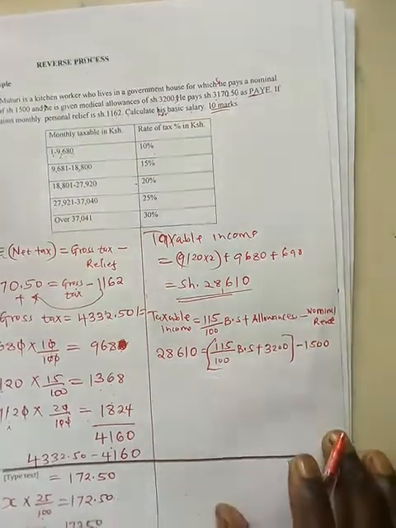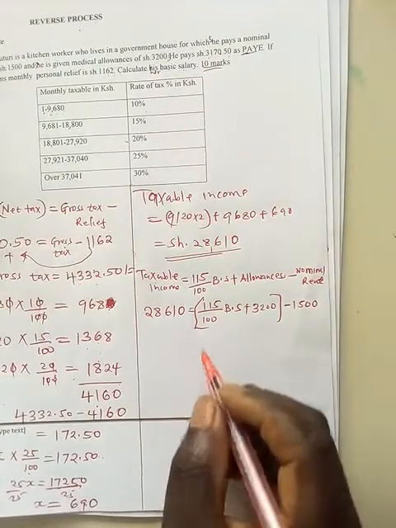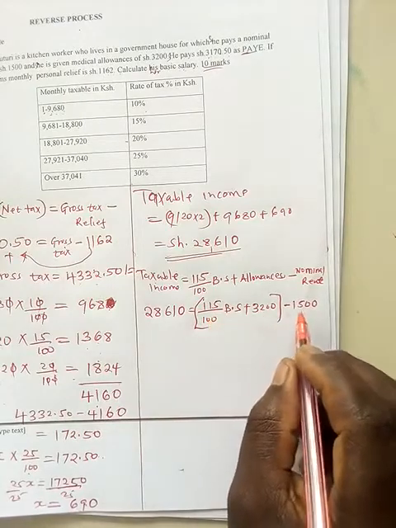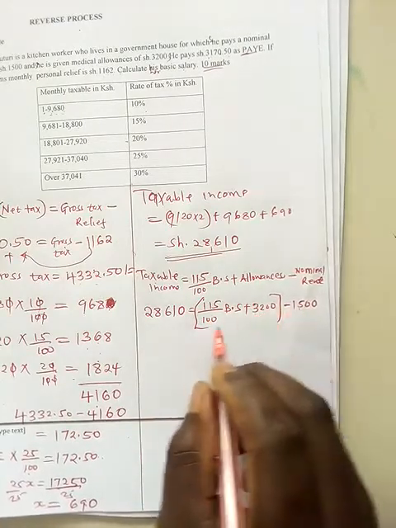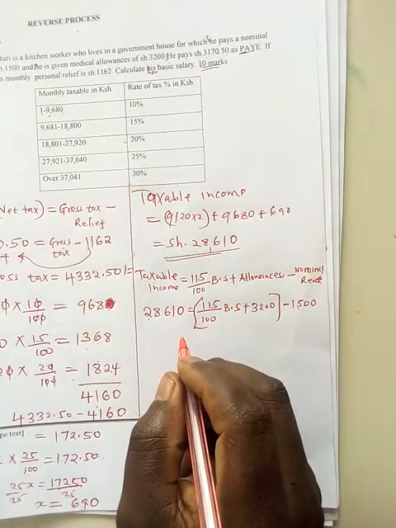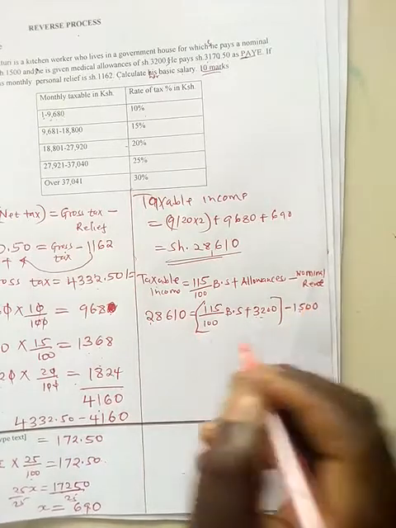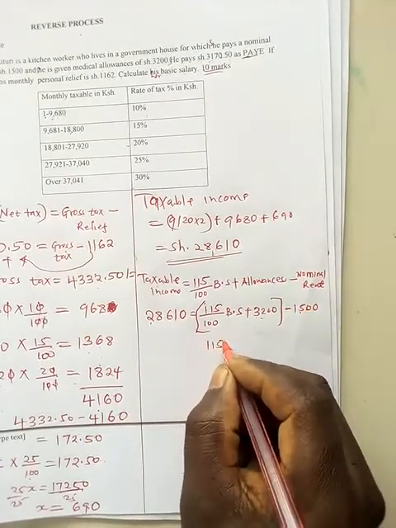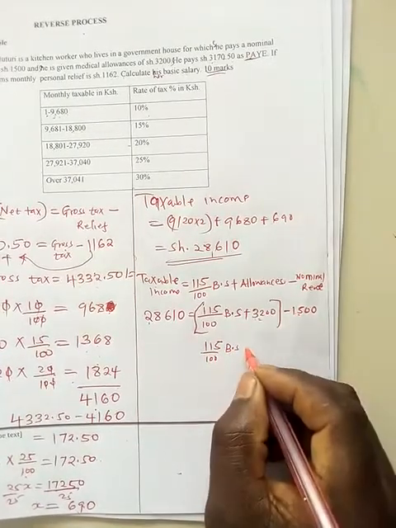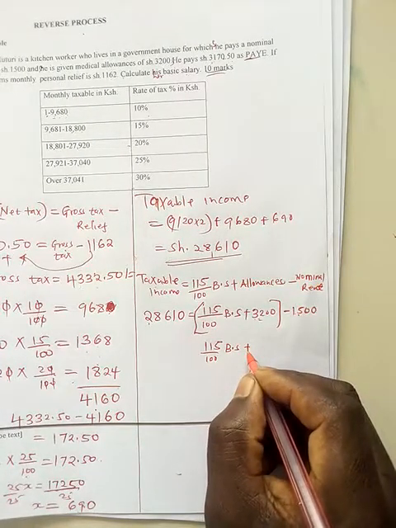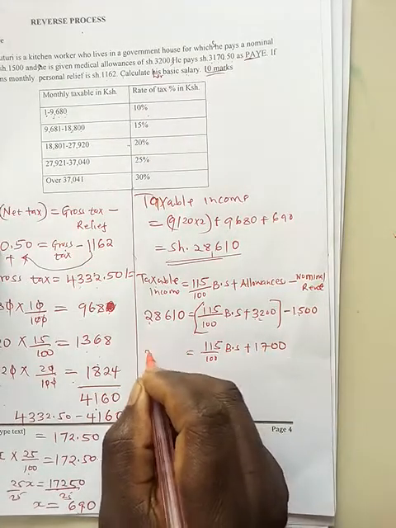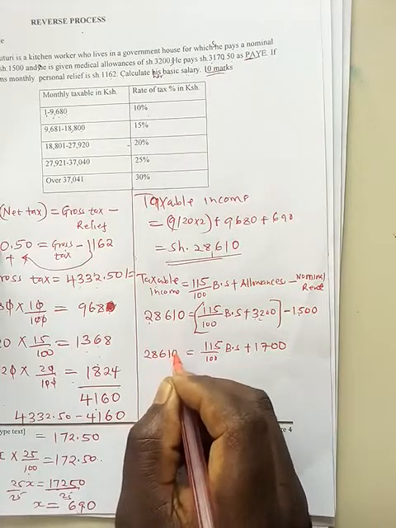Sawa? So hiyo inaenda kutupea basic salary. So let us like terms together, and then so we will have, unaweza ongeza hii na hii, alafu we write minus hapa. Let us go step by step. 115 over 100 basic salary, hii ukitoa hapo utapata plus 1700 equal to 28,610.